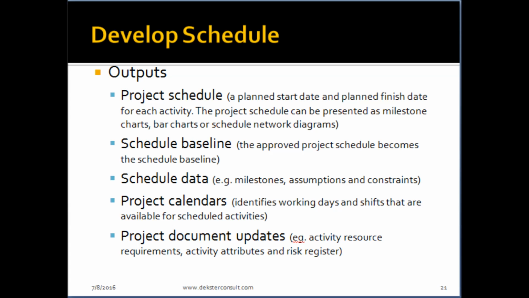Then in addition, we could come up with our schedule data, milestones, assumptions, and constraints. We could develop project calendars that will identify working days, shifts, and so on that are available for our project. Then we could update other necessary project documents, maybe activity resource requirements, activity attributes, or the risk register.